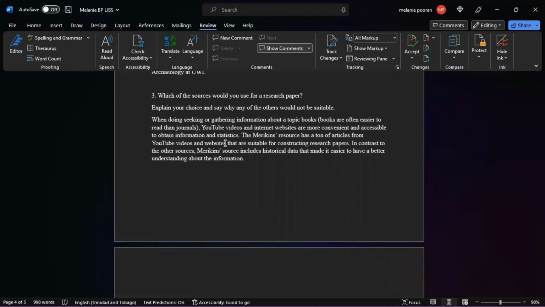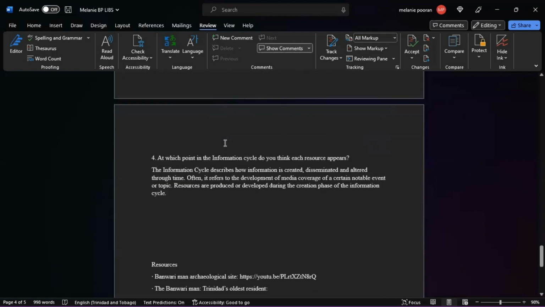YouTube videos and internet websites are also more convenient and accessible for obtaining information and statistics. The American resource has a ton of articles, YouTube videos, and websites that are suitable for constructing research papers. In contrast to other sources, the American source includes historical data that made it easier to have a better understanding of the information.